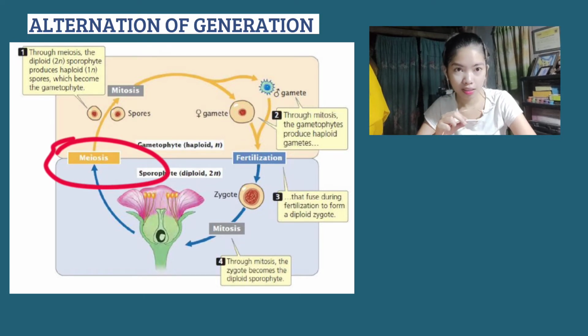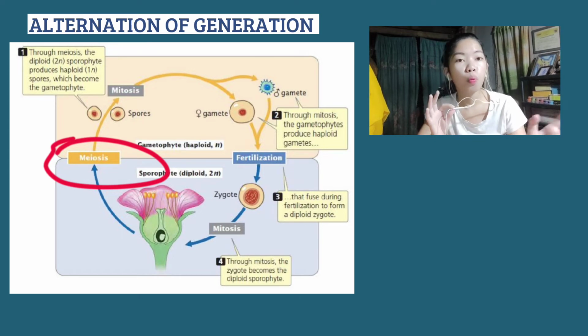When meiosis takes place, the diploid cell divides to produce haploid spores. Take note, meiosis is where one cell divides to produce cells with half the number of chromosomes, which makes a diploid cell into a haploid.